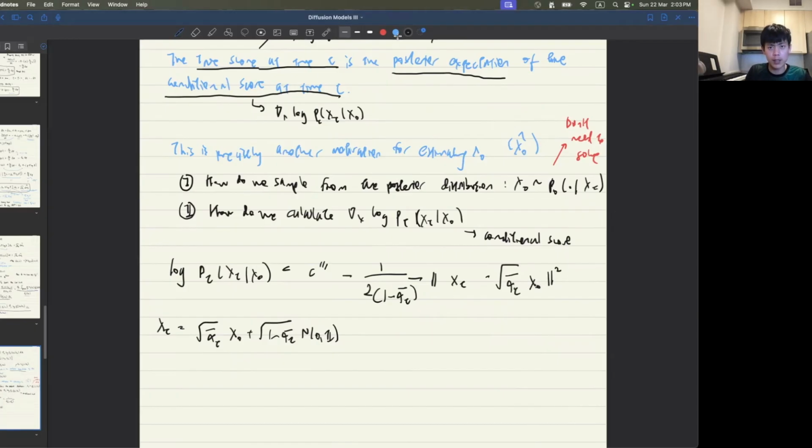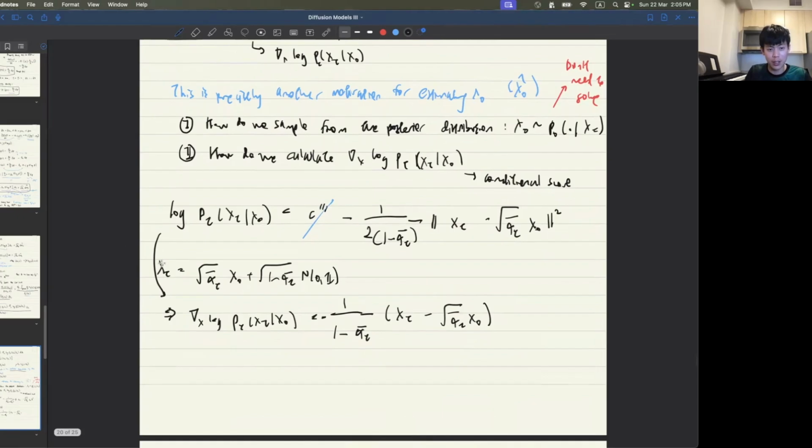And for our purposes, we don't really care about this constant, right? Because we're going to take the gradient with respect to x anyway, so this constant effectively disappears. We're able to get that the gradient of this is equal to, the coefficient will stay as it is. The gradient of x transpose x is just 2x, right? So the 2 cancels out with the half over there, and we'll get 1 over 1 minus alpha t bar times the vector itself, xt minus square root alpha t bar x0.